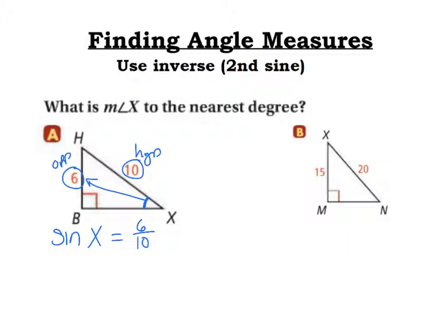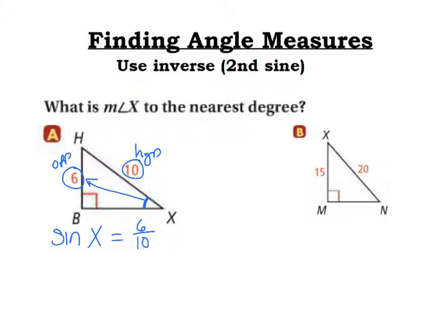Do you notice here that your x is not within the fraction anymore? So I don't have to solve there. The x is over here. What I really need to get rid of is this sine, and I get rid of it by doing inverse sine. And we hit inverse sine by doing second sine in our calculator. So I'm going to type this just as second sine, and you can see there's like this little sine to the -1 thing. That means inverse.